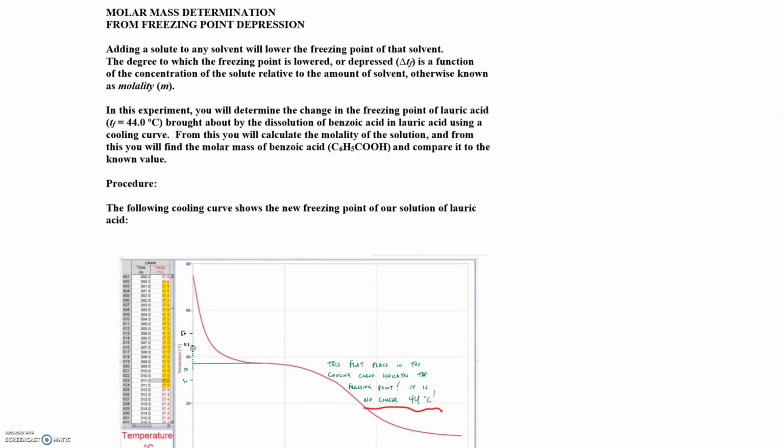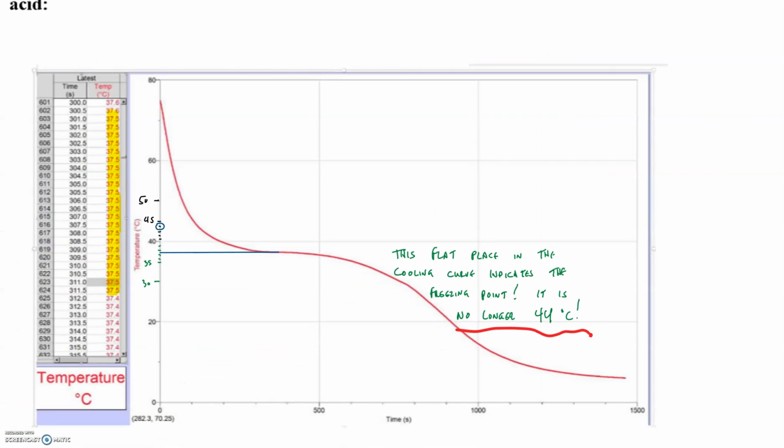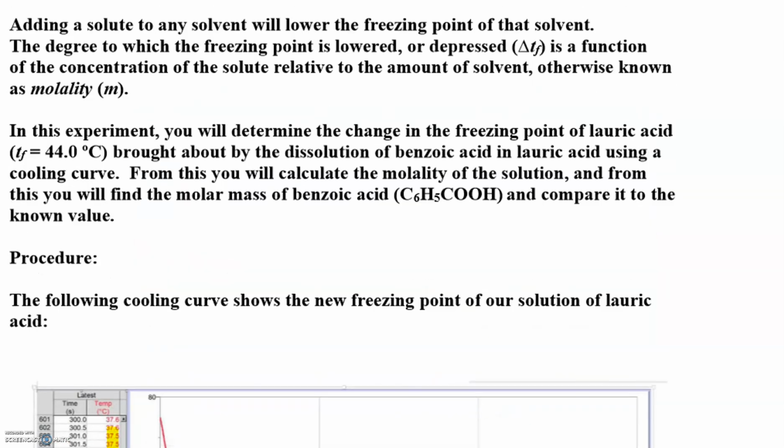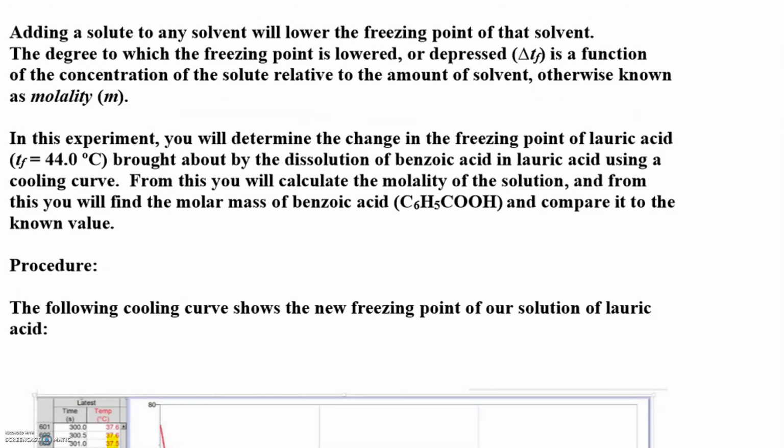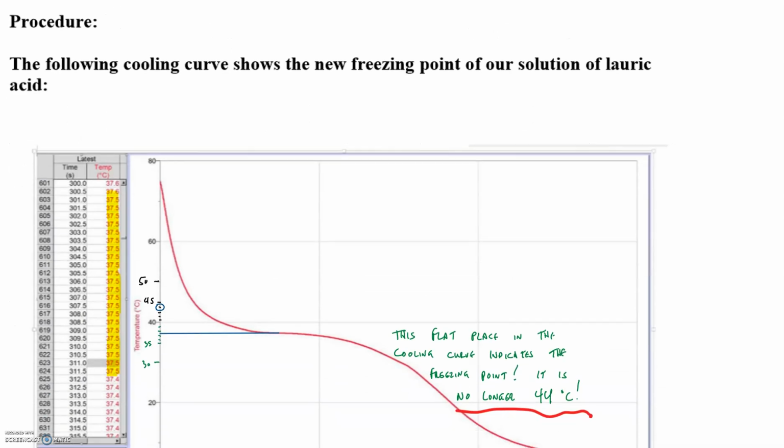Here's how this works. In previous years, we would have obtained the data to construct this cooling curve, but we're just going to skip the middleman. So here is a cooling curve of our solution. The original freezing point of our solvent, which is lauric acid, was originally 44 degrees Celsius.